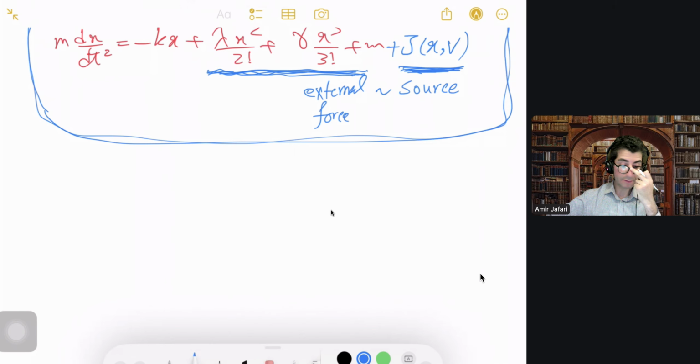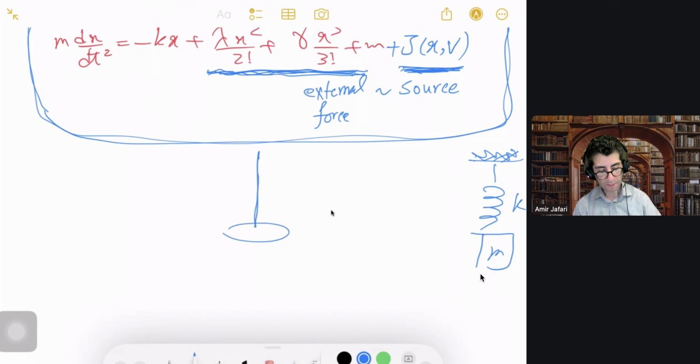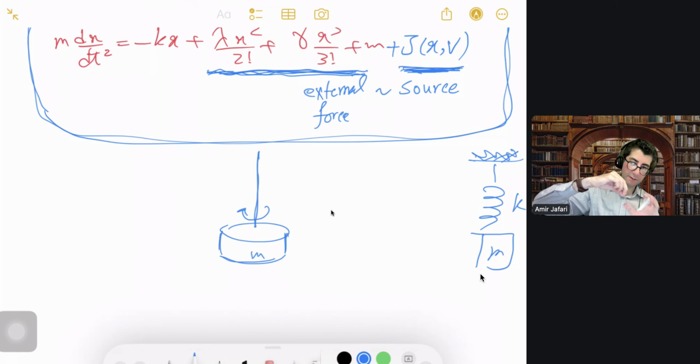Also, last word, remember that when you talk about simple harmonic oscillator in this way, a spring, mass, etc., this is not the only idealized system that you can have this sort of equation for. For example, you can have a string, and say you have a mass, and you can rotate this mass.